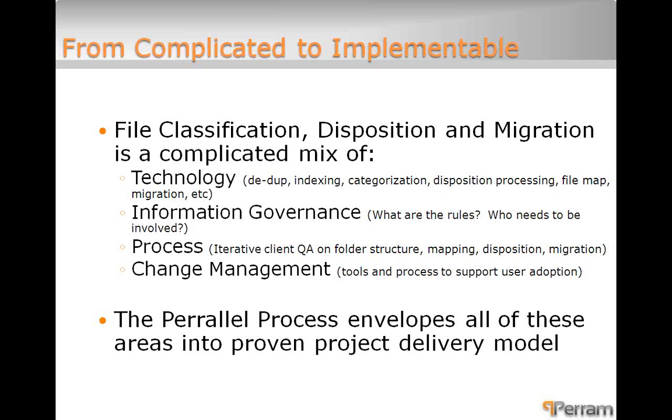So if we're looking at legacy content, we need to do some analysis on that, and we'll look at things from deduplication analysis, indexing and categorizing the content, disposition processing, which is going to help us identify files that are no longer valid and don't make sense to bring forward, as well as the actual migration bit. So there's a lot going on from a software and technology point of view to be able to build out a taxonomy and take content from different repositories and get it mapped appropriately into this new taxonomy.